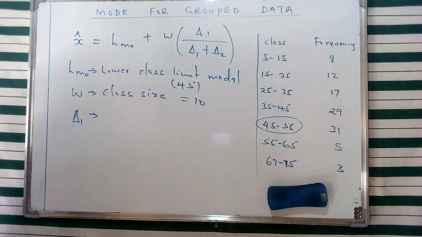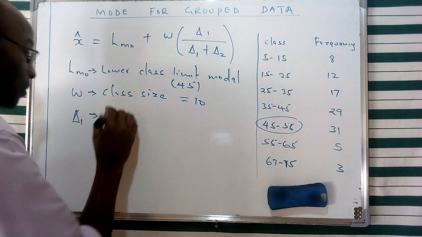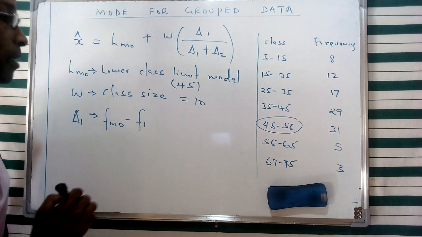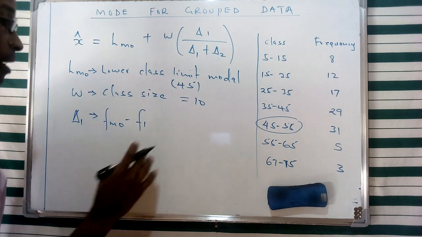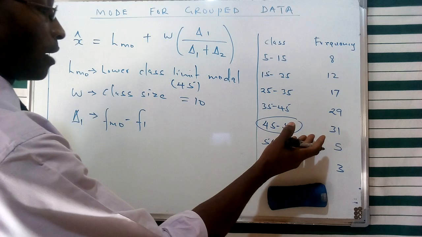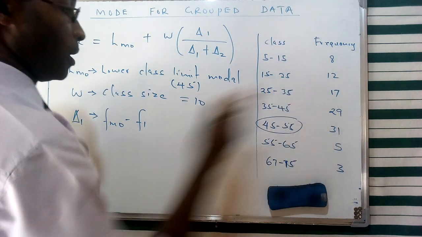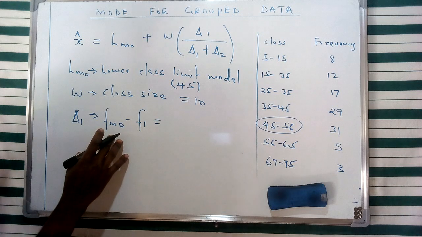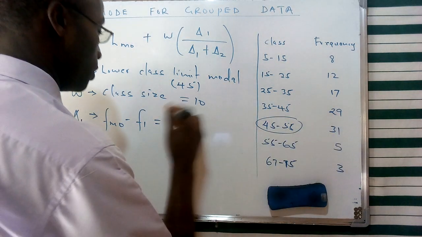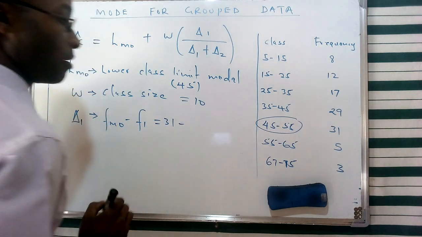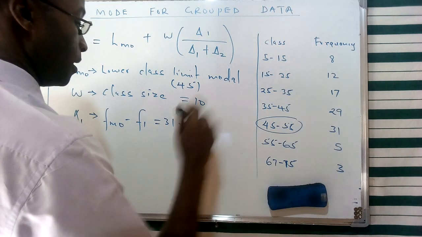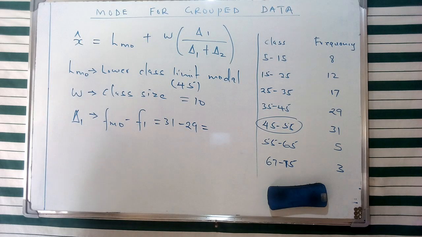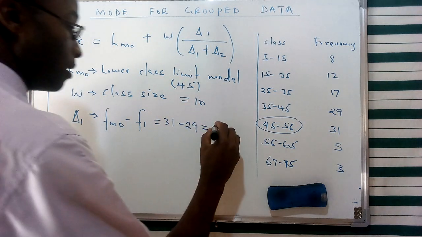Delta 1 represents the difference between the frequency of the model class and the frequency of the class preceding the model class, which is the class immediately behind the model class. This is the difference between the frequency of the model class, which is 31, minus the frequency of the preceding class, 29, and this gives us a value for delta 1 of 2.